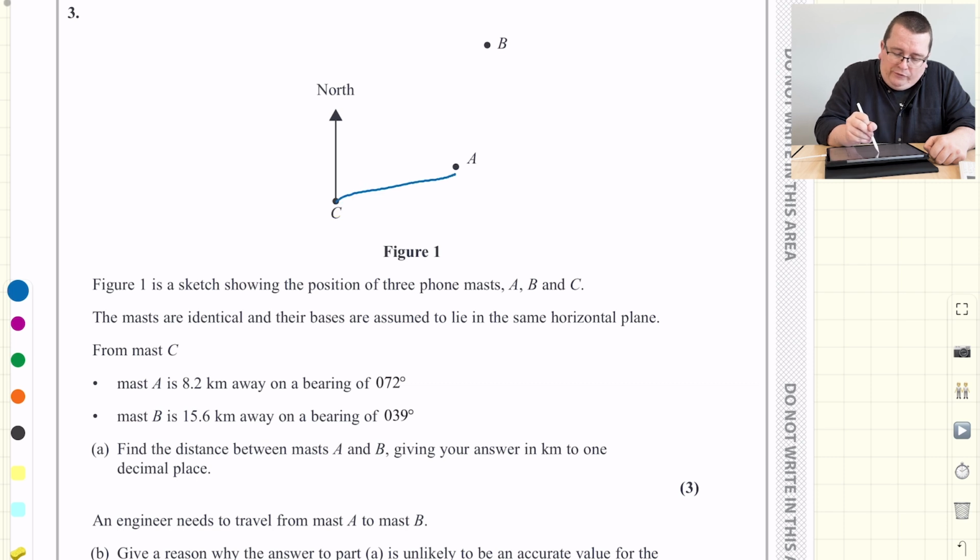So from C to A, this is 8.2 kilometers. Let's try and write that. And then mast B is 15.6 kilometers away on a bearing of 039 degrees. So that's 15.6.